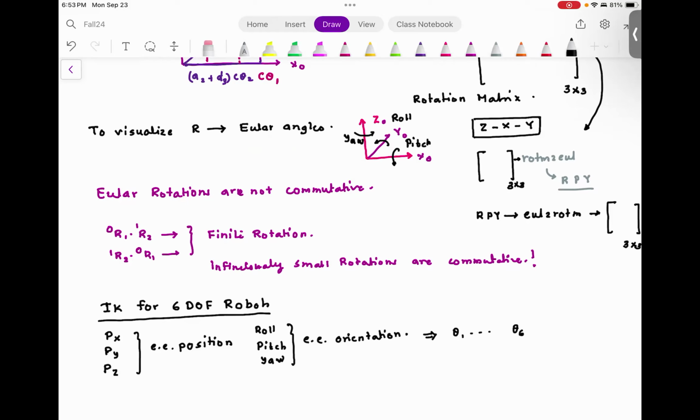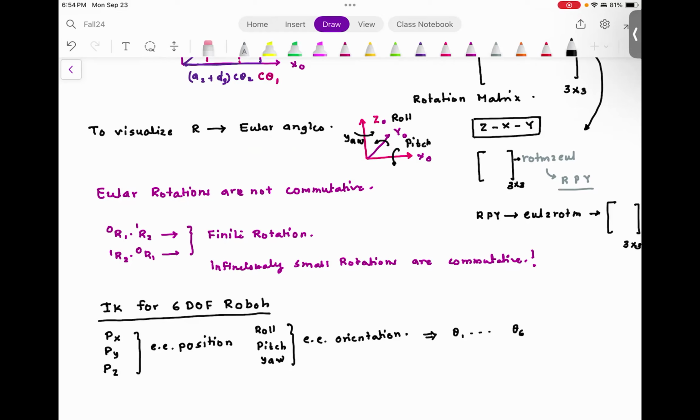If you want to solve the inverse kinematics of that robot, you need to specify the end effector position and end effector orientation with respect to the 0th coordinate frame. You need to know where the robot is and what angles the end effector is oriented. So you need to have Px, Py, Pz and roll, pitch and yaw. Everyone understood this?